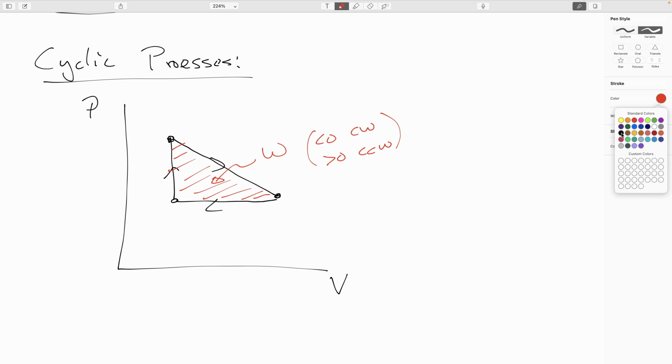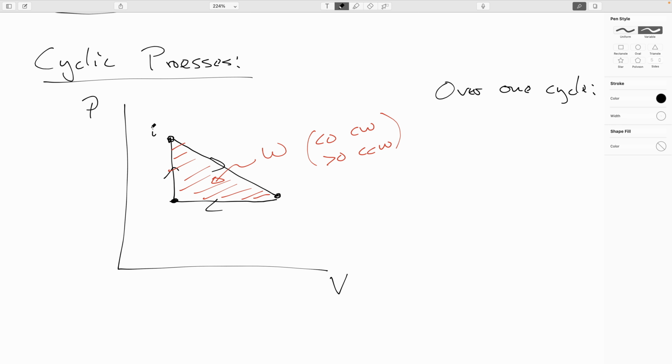But the big deal here is that over one cycle, in general, these processes don't have to be straight lines. We could connect these dots with anything we want. But the point is that over a complete cycle, however many intermediate points we have, we end up back where we started.